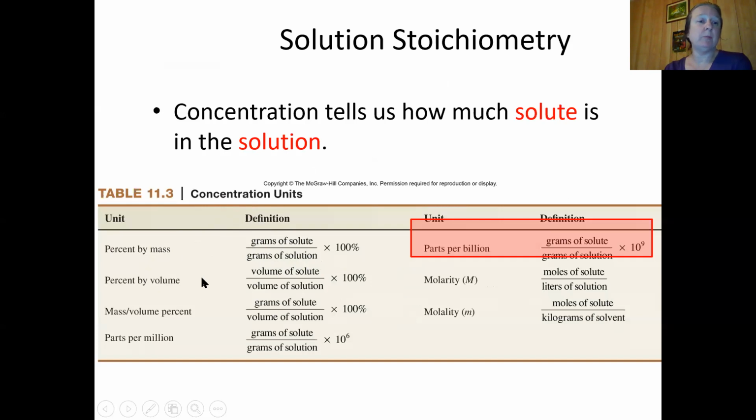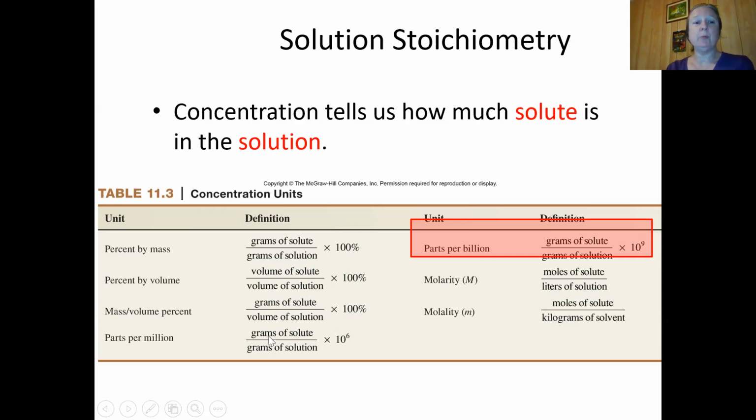If we talk about percent by volume, you often get this at the liquor store. You have something that's 40% alcohol. It's 40 mils of alcohol per 100 mils of solution. You have a mass volume percent. Your amount of solute can be grams of mass over a volume of solution. These are all in percentages.